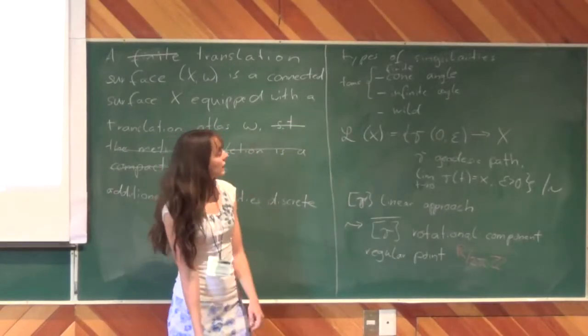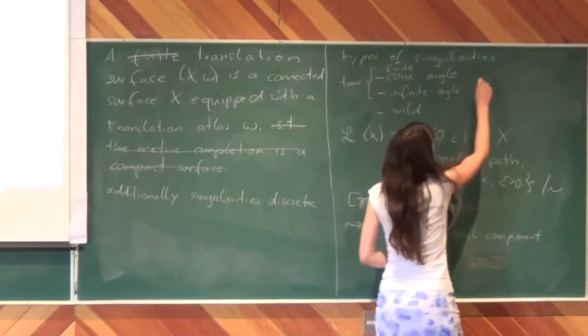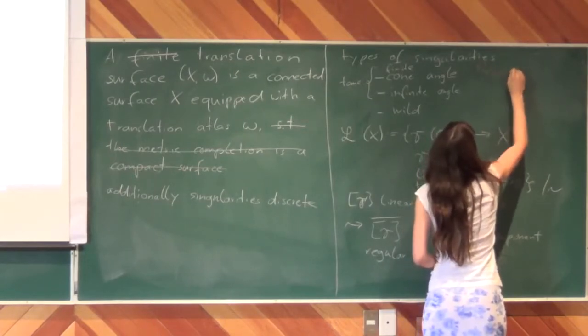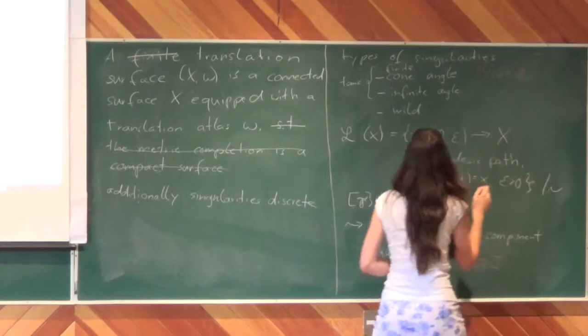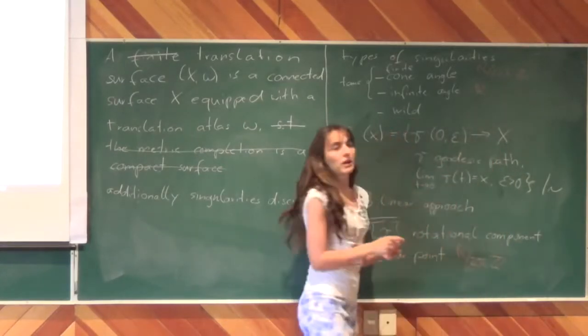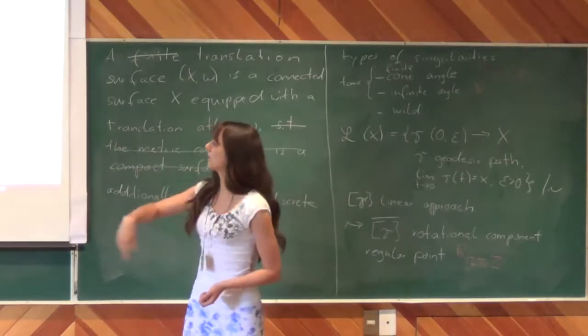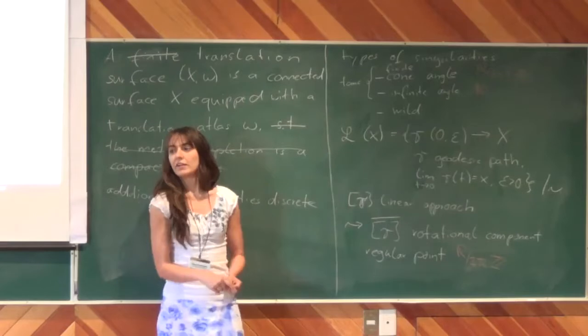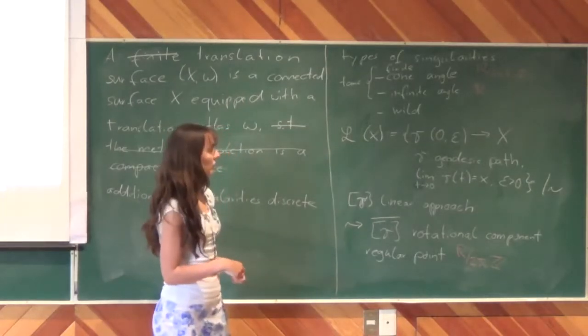Then if we look at finite angle singularities, it's isometric to 2 pi k times the circle. And for infinite angle, we can go around like R, like you see here. You can imagine we can do this infinitely often, so this is our rotational component.